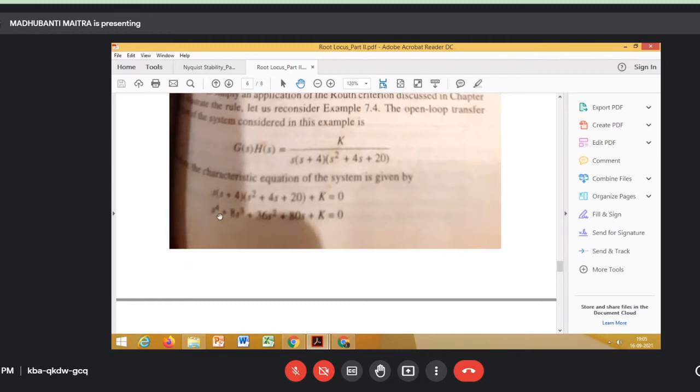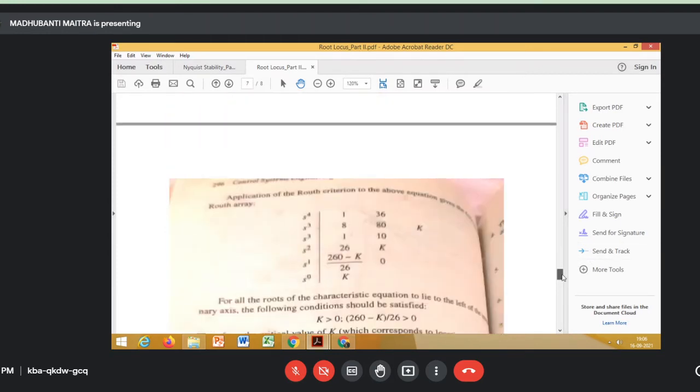So the first row will correspond to this term s to the power 4, and its elements will be in this particular order: 1, 36, K. And the second row will correspond to this term s cube, and the elements of the second row will be 8 and 80. Yes. So we can divide the elements of this row by 8, and this row will now contain the terms 1 and 10.